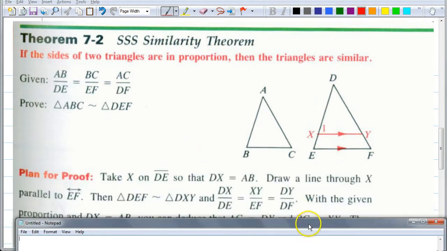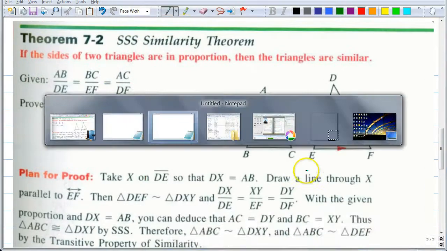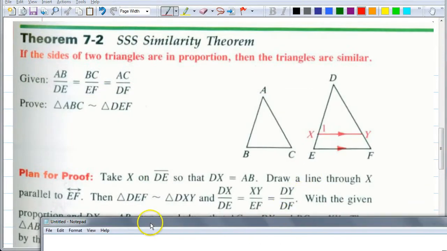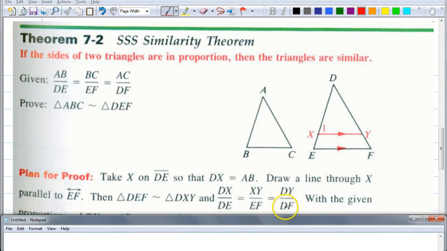Okay, so then, after you have this, just like before, by angle, do we not have the two triangles similar? DXY similar to DEF? Right, guys? So it's going to be very similar. If I have that now, of course, DX to DE is equal to XY to EF, and DY to DF.